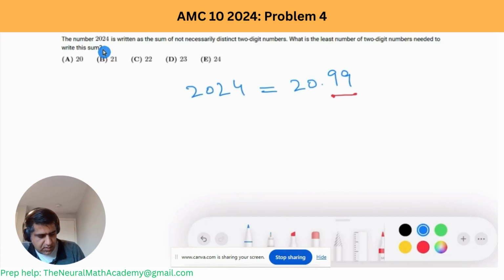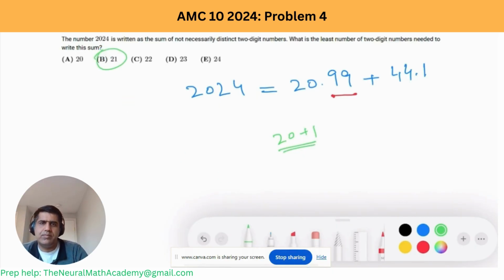And then I will simply add the remaining number that we need to get the sum equal to 2024, and that number is 44, and we need 1 times. So now the total number of two-digit numbers that we need is 20 plus 1. So the answer is B for this problem.